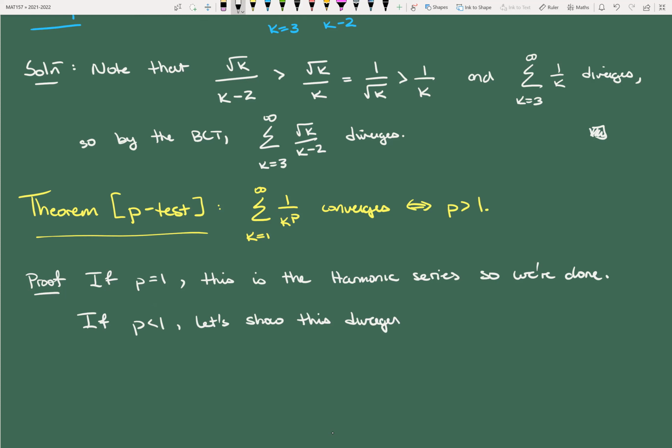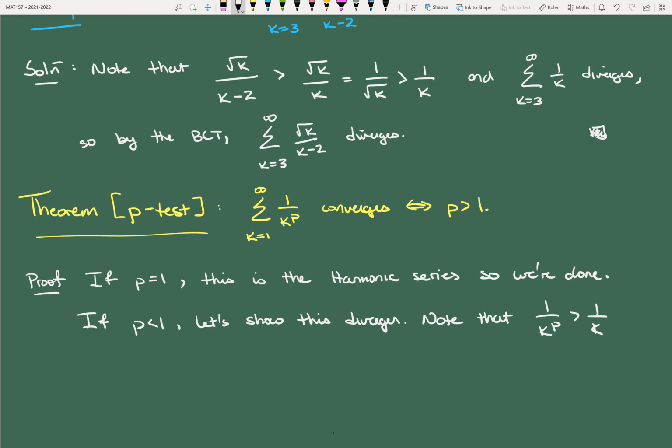Basically we're going to do exactly what I did above. I wanted to show that 1 over the square root of k diverged. How did I do that? I said, look, it's bigger than 1 over k. And that's going to be true here as well. So if p is less than 1, note that 1 over k to the p is bigger than 1 over k, because p is less than 1. If p is negative, you're done, because the terms of the series don't even go to 0.